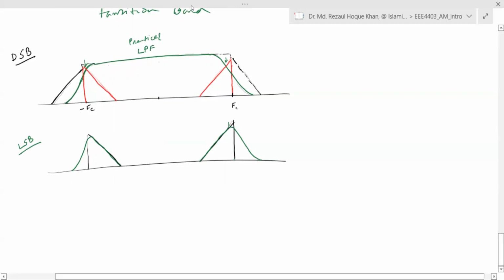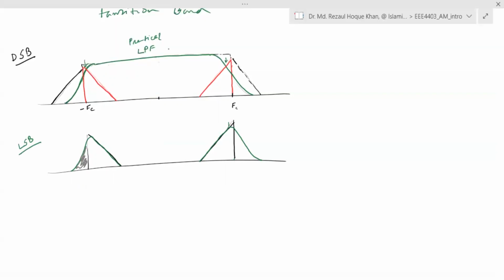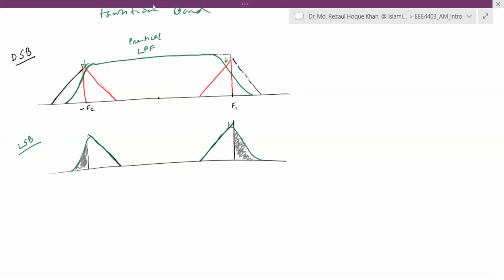You see, we can see this portion, and actually it should be equal on both sides. Because of my drawing, it doesn't look similar. These two portions should look similar. Let me make a little bit of correction here.